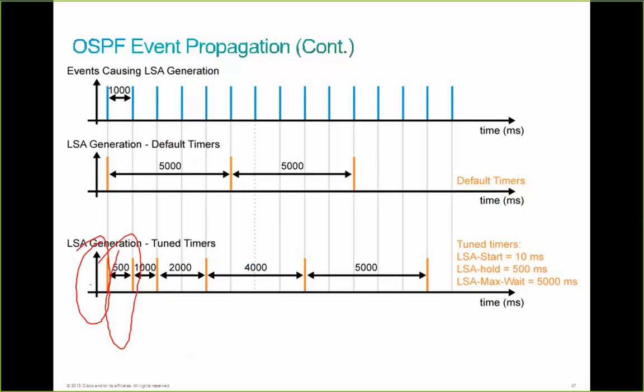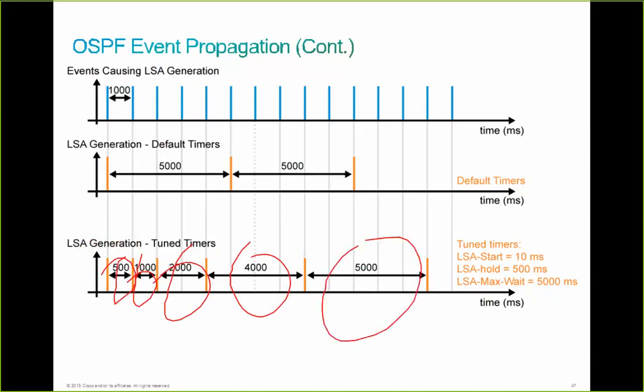Remember, what was my max set to? 5,000. Max wait is 5,000. So I'm going to double this hold value up to the point where I get to 5,000. Obviously, I can't double 4,000 because that would put me at 8,000, right? But I can double 500 to 1,000.